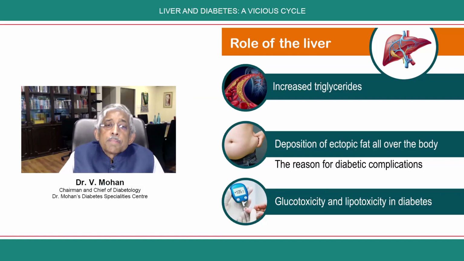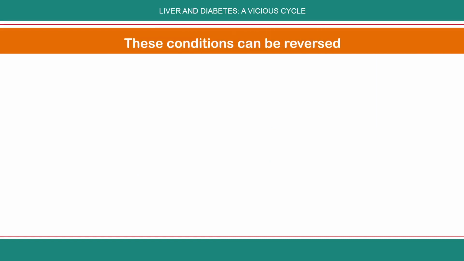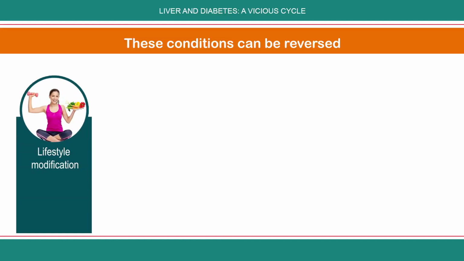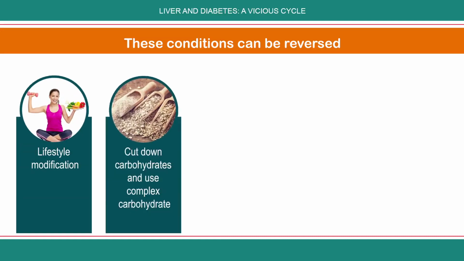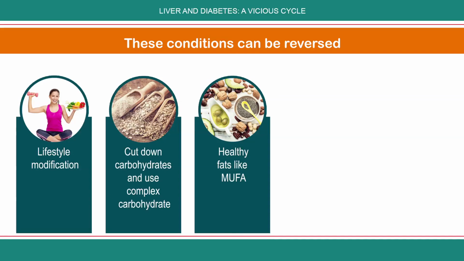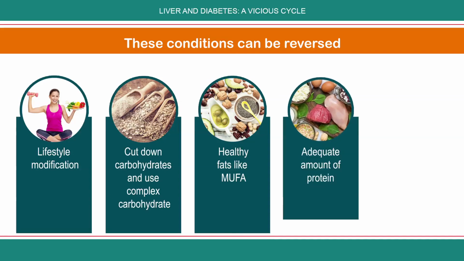We know that all these are reversible if, number one, you follow very good lifestyle modification. What does it mean? You cut down the carbohydrate because excess carbohydrates leads to chronic inflammation. Of course, excess fat is also not good. So you take the right amount of carbohydrate, take complex carbohydrates, which are better rather than high refined carbohydrates. You take healthy fats like mono unsaturated fats, and you take enough protein.